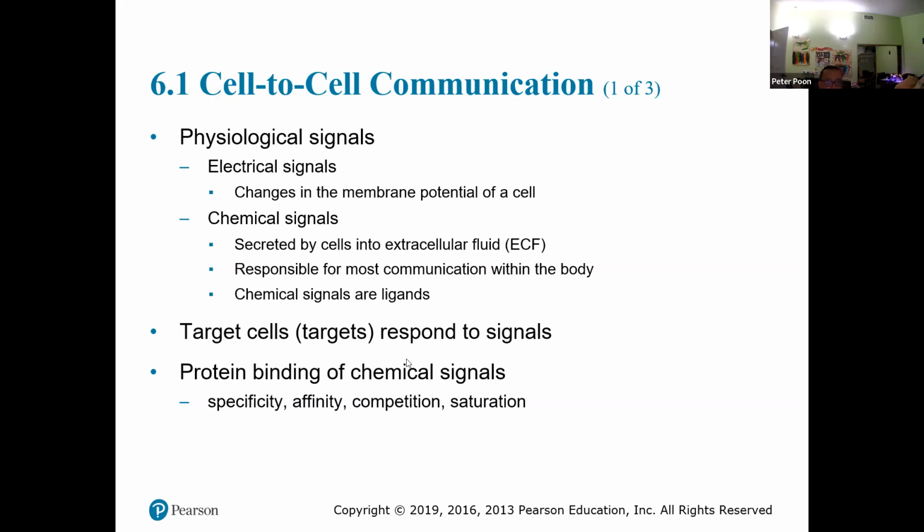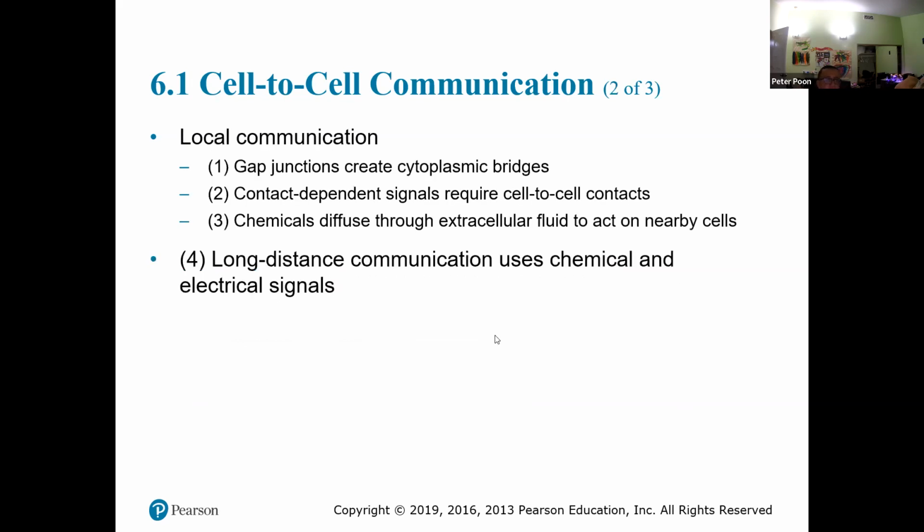So the target cells respond to the signals, and the protein binding of the chemical signals requires specificity and affinity, so it has to be attracted to it. There will be competition and there will be saturation, and we'll get into more of that in a little bit.